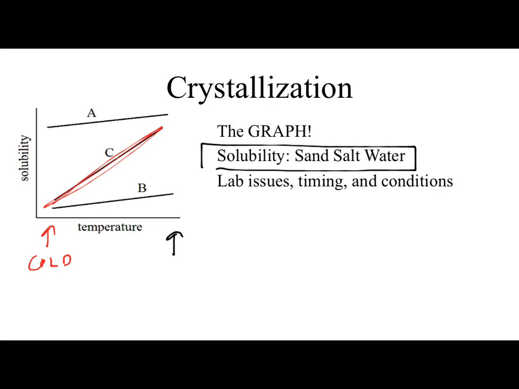Would I be able to separate compound B at cold temperatures? Why not? Similar solubility. So the only thing I could remove would be compound A. What can you tell me about the solubility of compound A? Highly soluble. Okay? So a cold filtration would help us remove high solubility compounds or impurities.